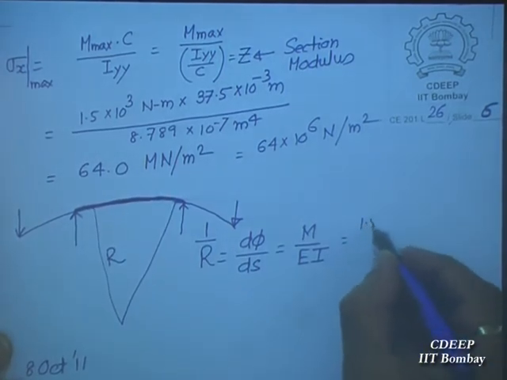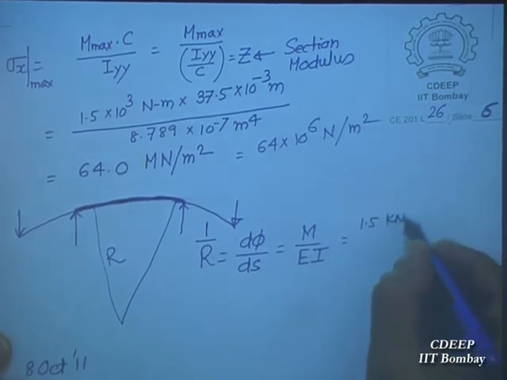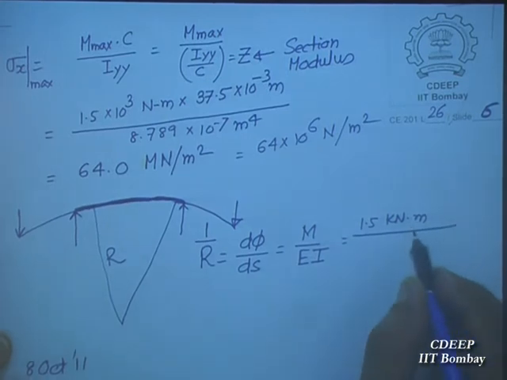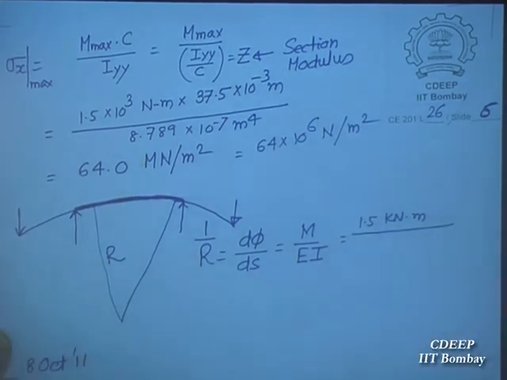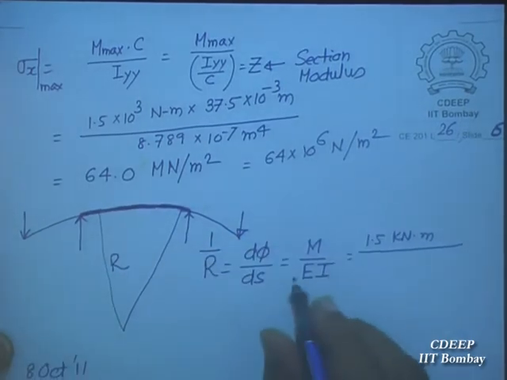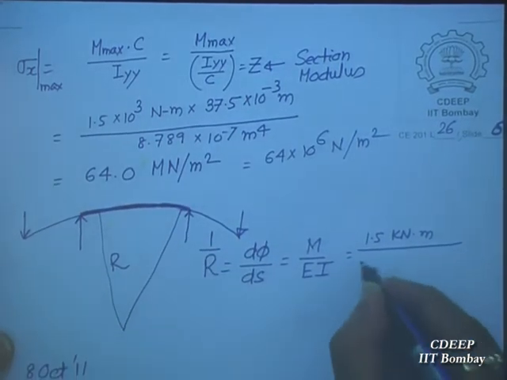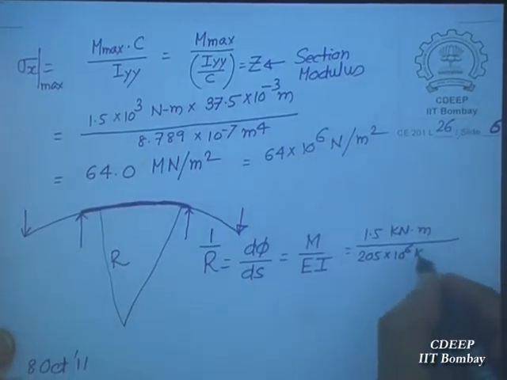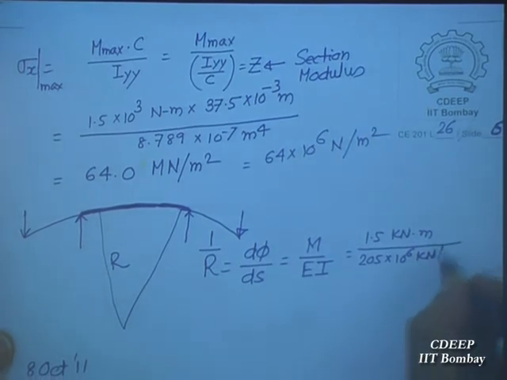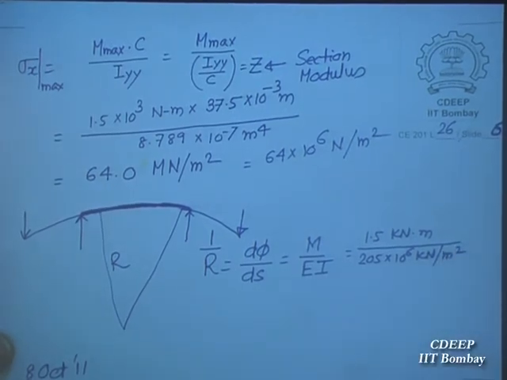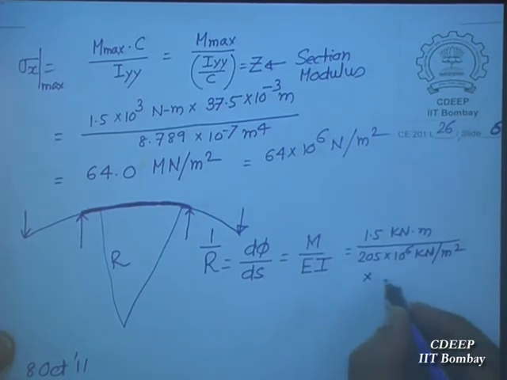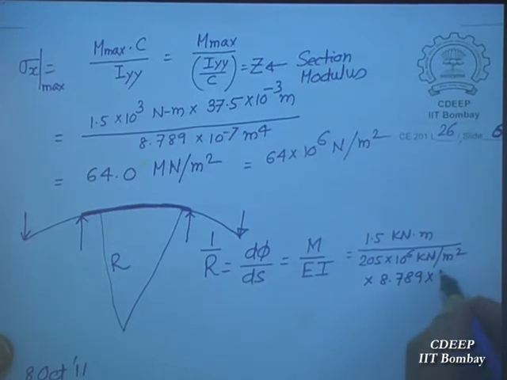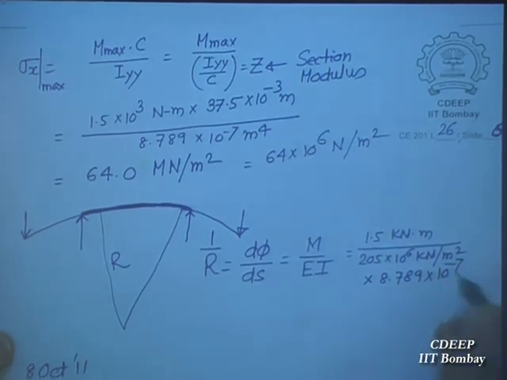So 1.5 kilonewton meter divided by E. E is given here as 205 into 10 to the power of 6 kilonewton per meter square. And that multiplied by I equal to 8.789 into 10 to the power of minus 7 meter 4.